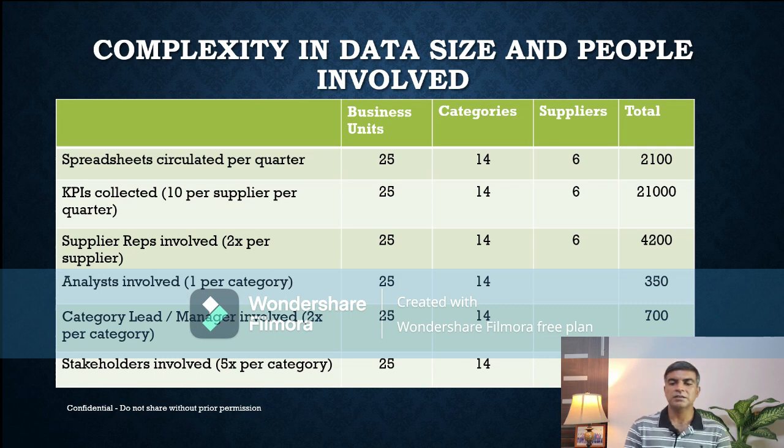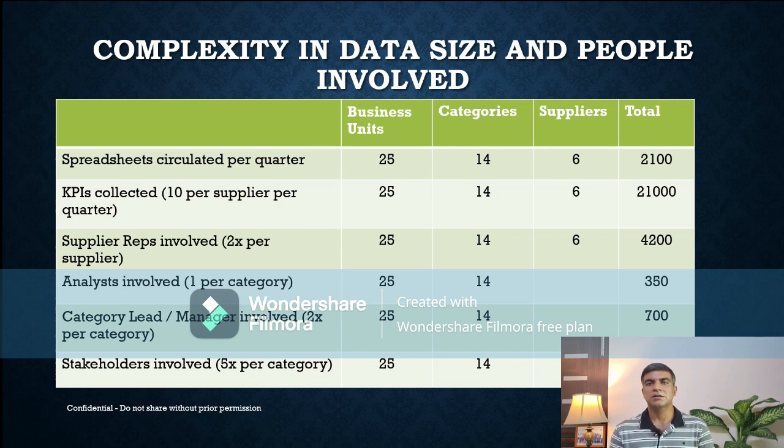I've simplified the numbers a little bit so that it's easy to calculate. So the number of spreadsheets circulated per quarter was 25 times 14 times 6. That's 2100 spreadsheets being circulated around. Each of those spreadsheets had at least 10 KPIs.